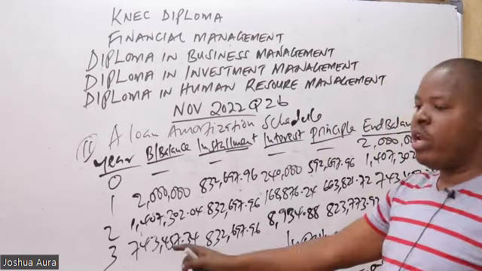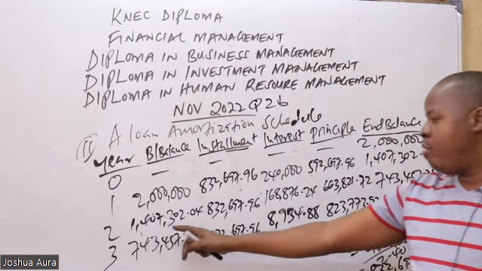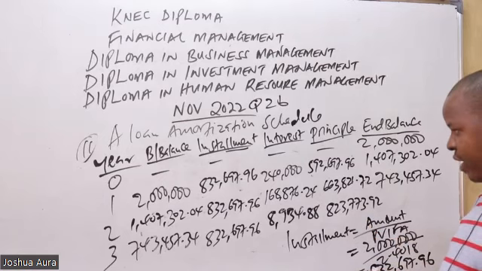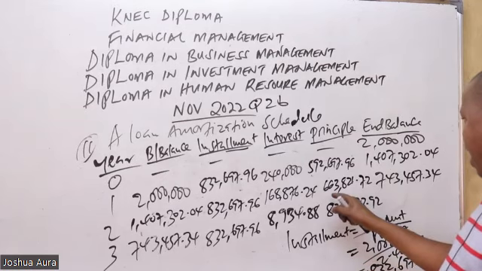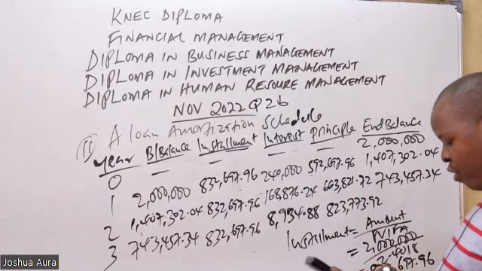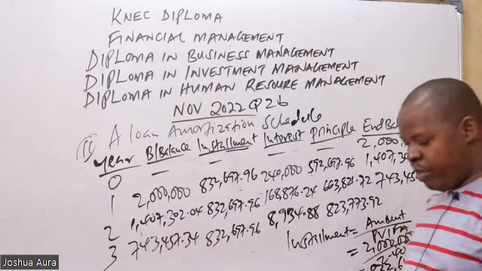And what will be our ending balance? Our ending balance will be our beginning balance minus the principal. So 1,407,302.04 minus our principal, which is 663,821.72. So what will be our ending balance?